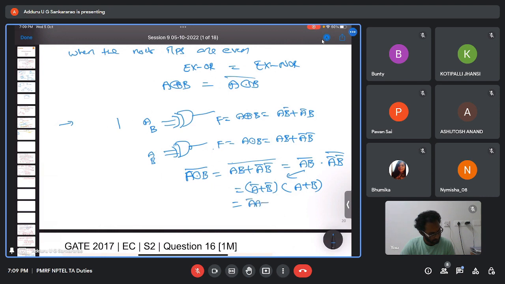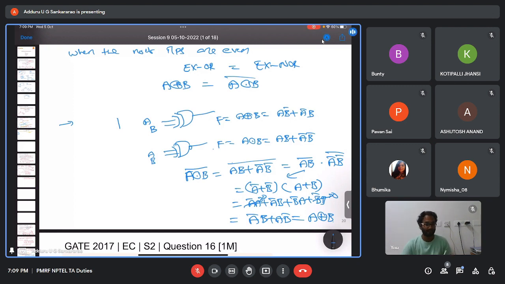A bar A plus A bar B plus B bar A plus B bar B. These terms become 0, and what we are left with is A bar B plus A B bar. So this is nothing but A XOR B.